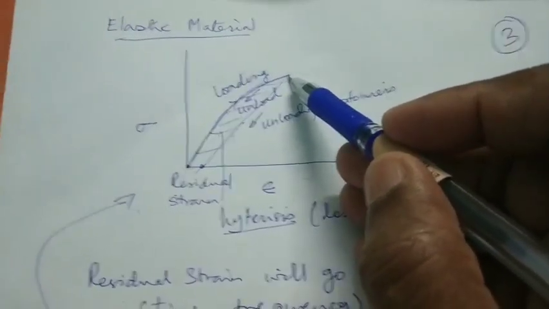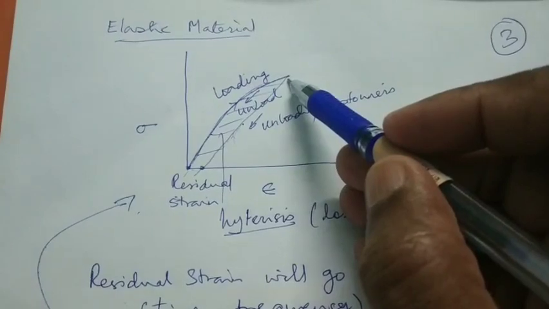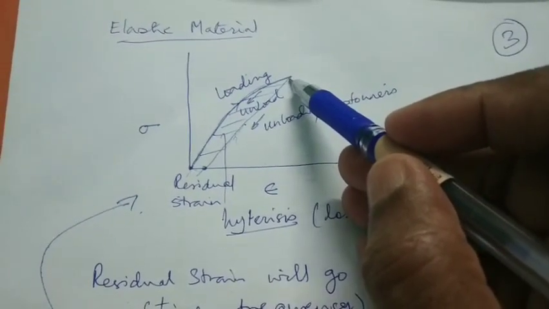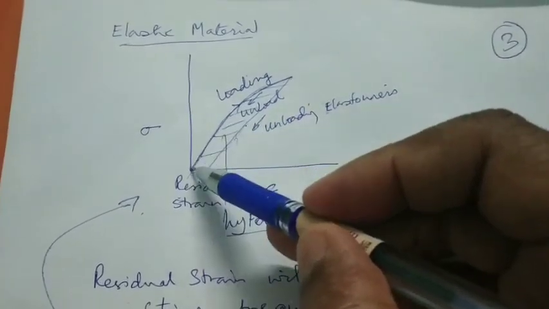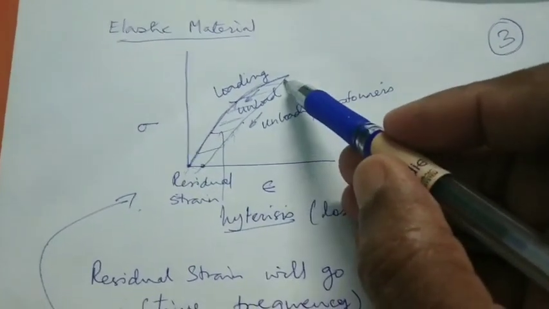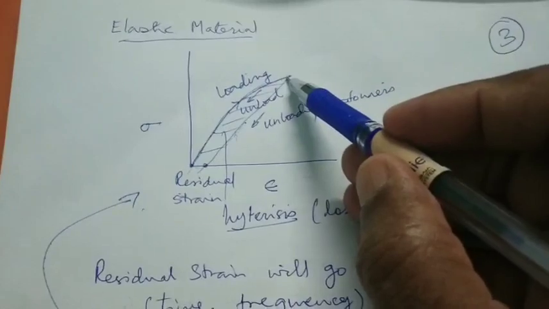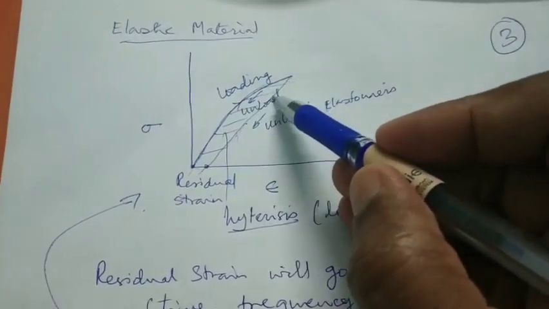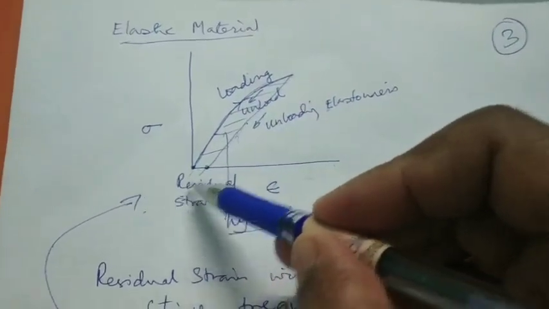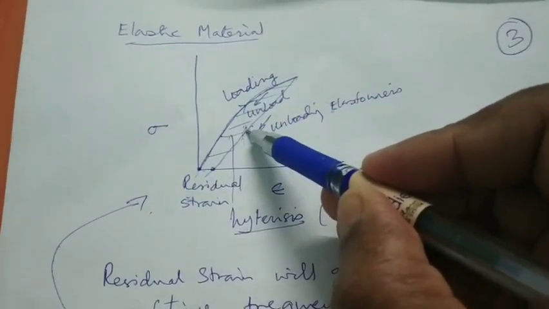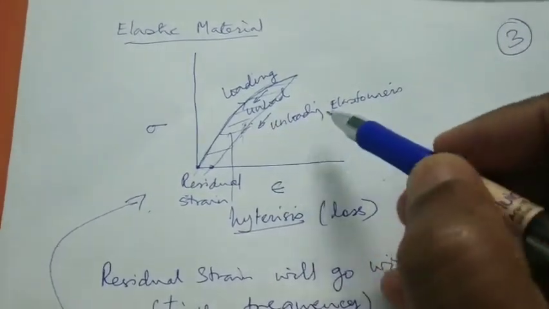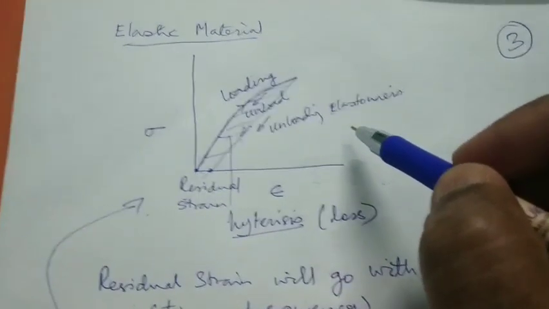But when we unload an elastomer, that is a tire, the unloading will not be in the same elastic way, but in an elastomer way. It will not follow the same line, but a certain line like this. So this is the unloading line for a tire of an automobile.